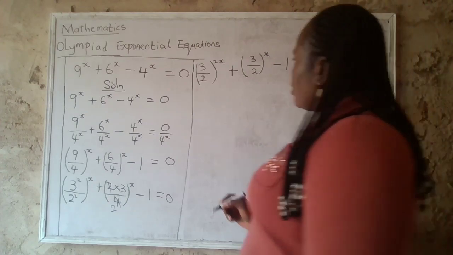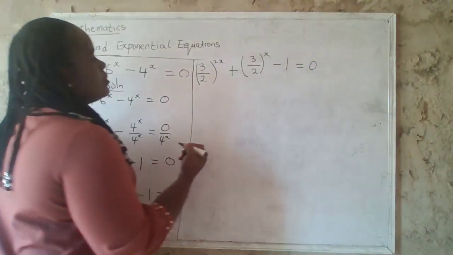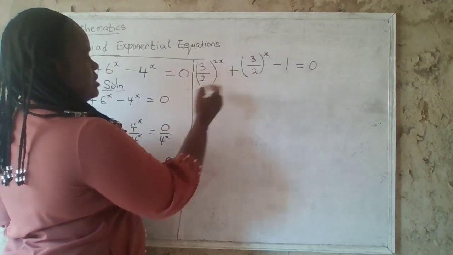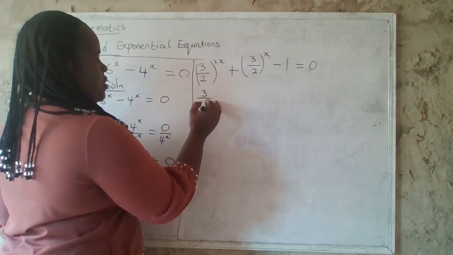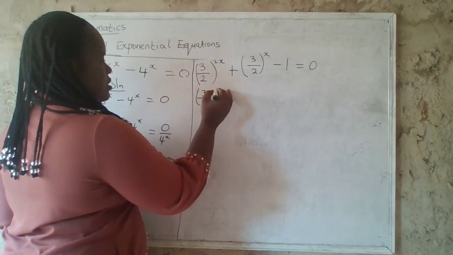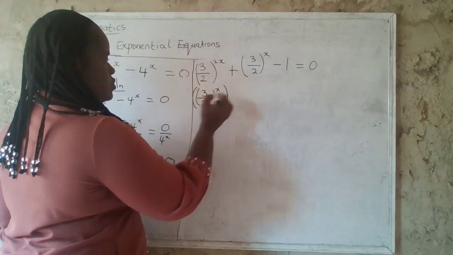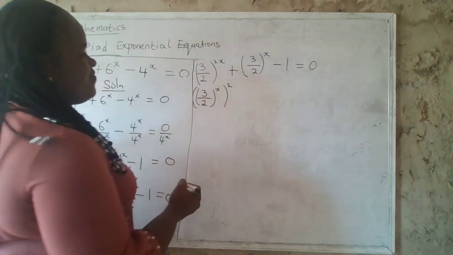Now, continuing, let's rewrite this as 3 over 2 all raised to power x then raised to power 2.